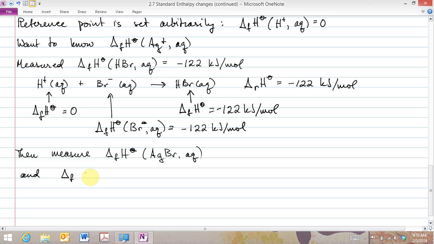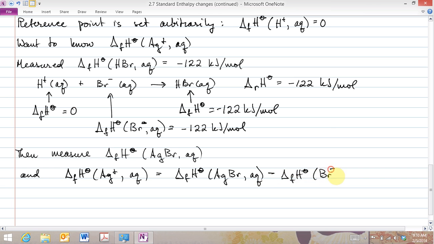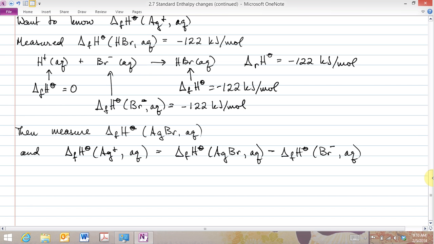Oh, I forgot something. So the heat of formation of the silver ion in solution must be equal to the enthalpy of formation of silver bromide that was measured, minus the enthalpy of formation of the bromide ion, as calculated from the thermochemical reaction above.